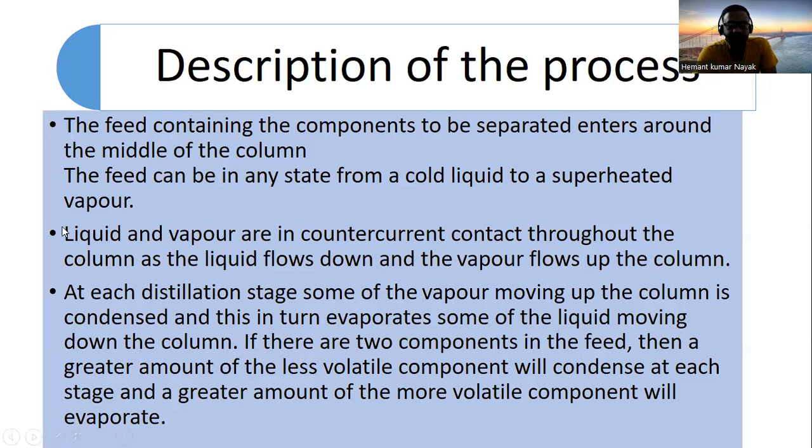These are the feed conditions. The liquid and vapor are in counter-current contact throughout the column, as the liquid flows down and the vapor flows up. At each distillation stage, some of the vapor moving up the column is condensed, and this in turn evaporates some of the liquid.